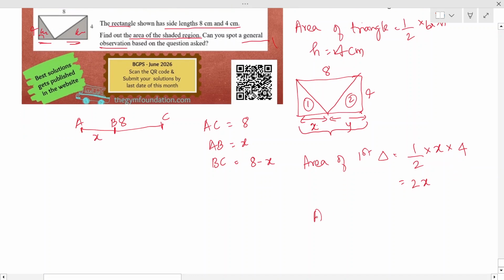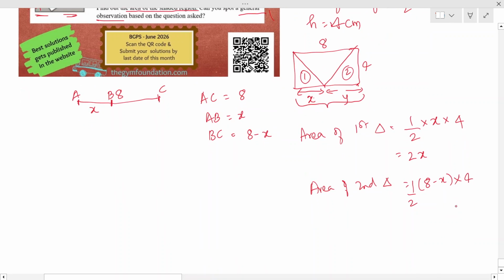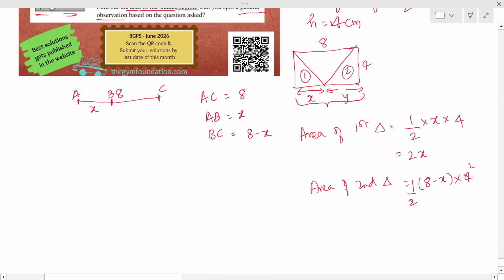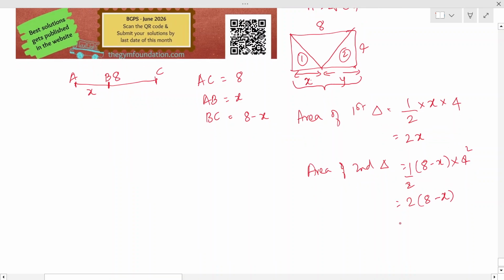The area of the second triangle will be half times (8 minus x) times 4. Here again the 2 gets cancelled, so 2 times (8 minus x), and 2 times 8 is 16, minus 2x.